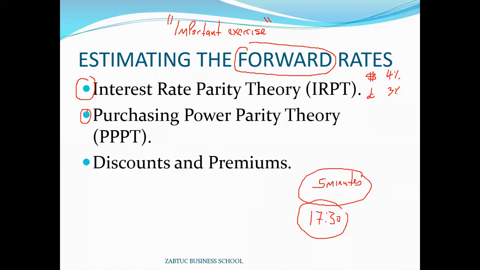Purchasing power parity theory says we can use the differences in the inflation rate. So you can say, what is the inflation rate in the USA and what is it expected to be? What are the expected rates in the UK? So the inflation rate differential can also be used.